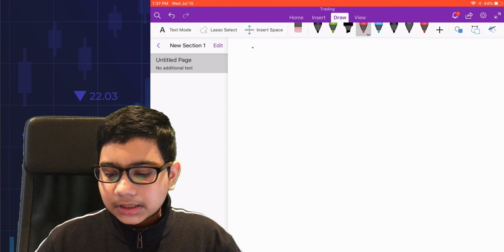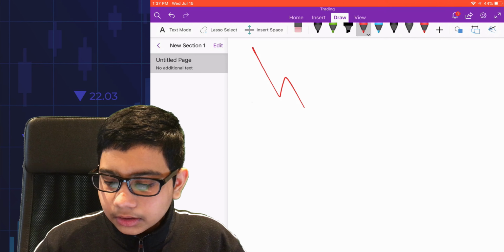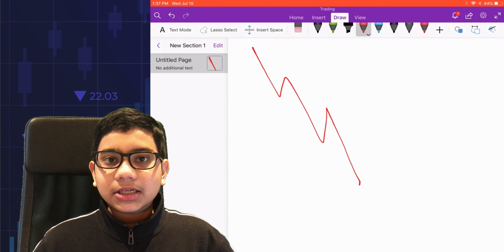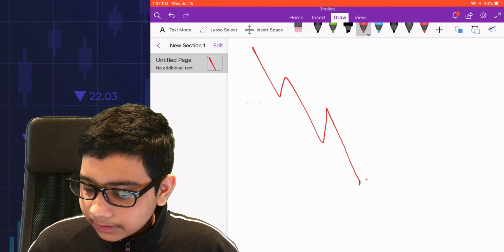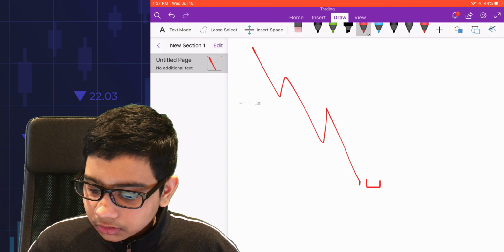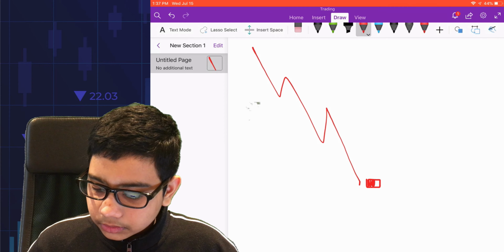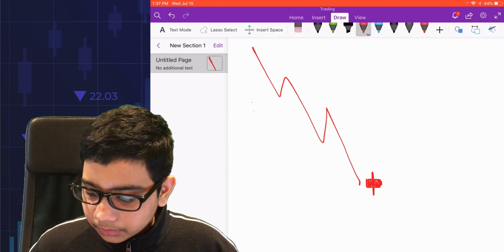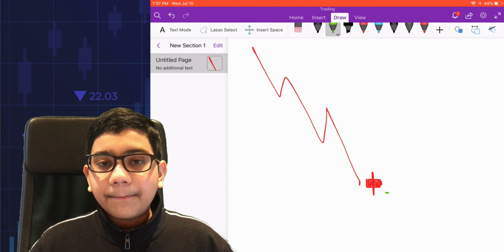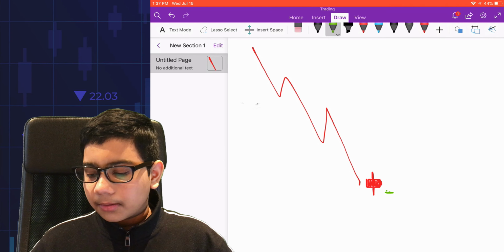Now let's move on to the bullish engulfing pattern. The bullish engulfing pattern is also a bullish reversal pattern, so it takes place in a downtrend, and it happens with two candles. The first candle would be a small red candle, and the next candle would be a bullish engulfing candle.